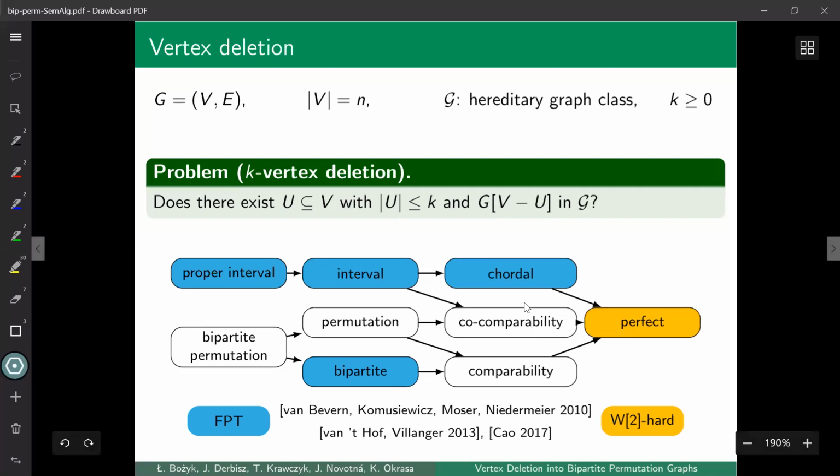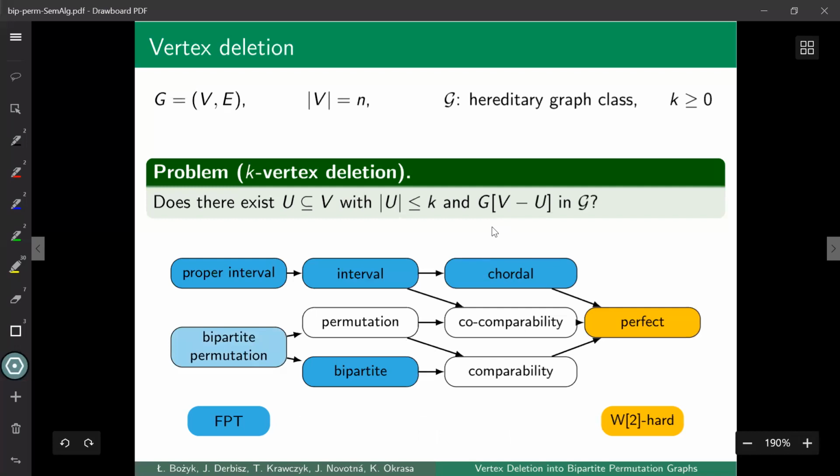So the same parameterized problems like vertex deletion can be considered with respect to this order world, and those classes are very much related to it. So generally, solving this would allow us to understand not only those classes vertex-deletion-wise, but also some other combinatorial structures like posets. Okay, and what I would like to show you today is that this rectangle is actually blue. So there is an FPT algorithm for vertex deletion to bipartite permutation graphs.